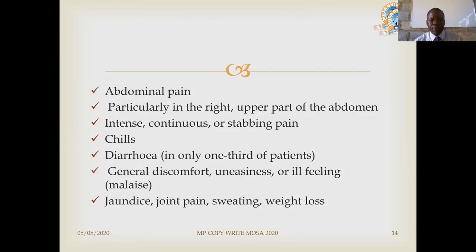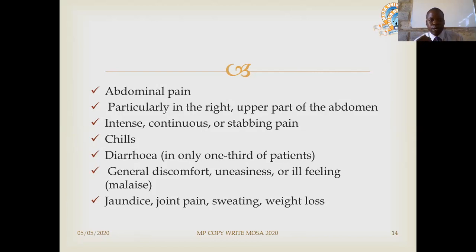So when we talk of abdominal pain, it will be quite evident in the abdomen, but to be specific, on the upper right quadrant where we find the liver. Then the pain is intense, continuous or stabbing, like someone has been stabbed by a knife or any sharp object.